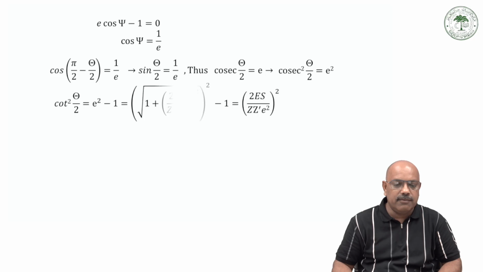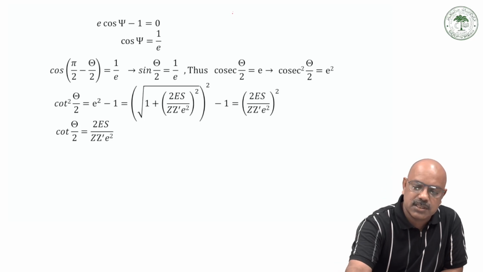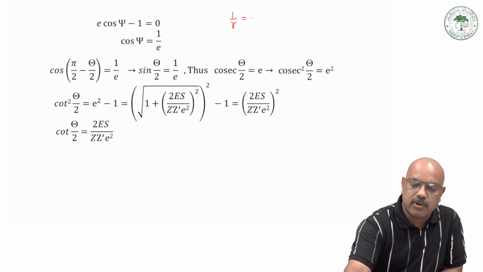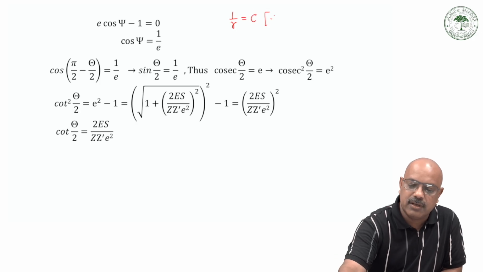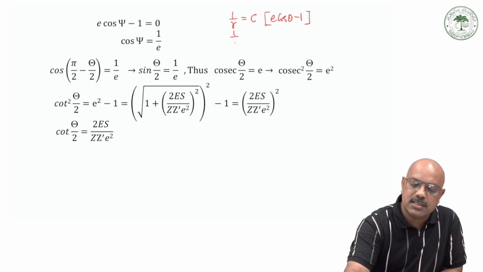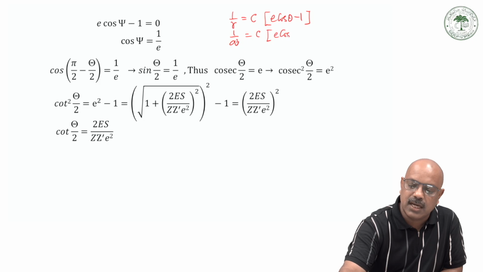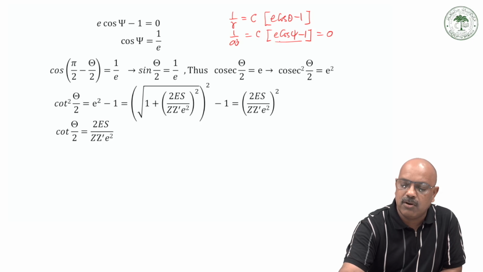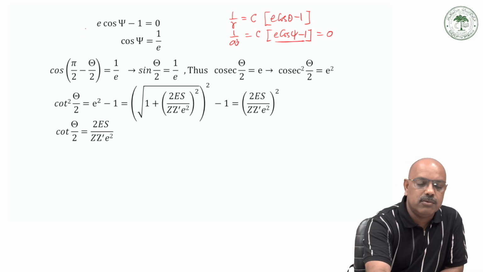So if I put this into the expression, 1 by r equals some constant times e cos theta minus 1. When r is infinity, this becomes c times e cos psi minus 1. Since 1 upon infinity is 0, I have e cos psi minus 1 equal to 0.